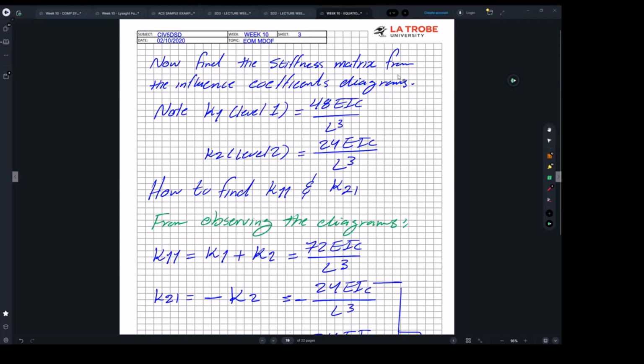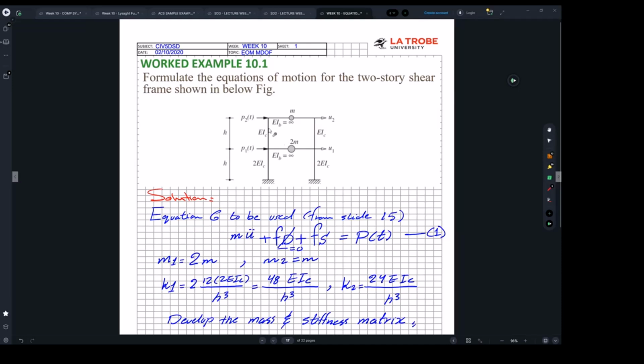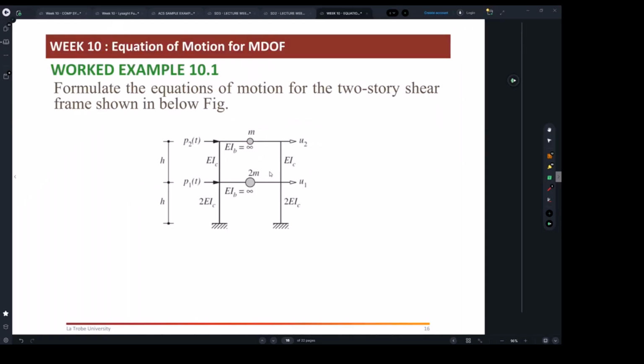So now find the stiffness matrix from the influence coefficients. Before we start doing this here, you just need to know K1 for level 1 is 48 EI over h cubed. This is something from the question. As we said here, for level 1, it's going to be 2 times the portal frame stiffness, because the stiffness here is already doubled, and we've got 2 columns, and we know the formula for 1 portal frame.